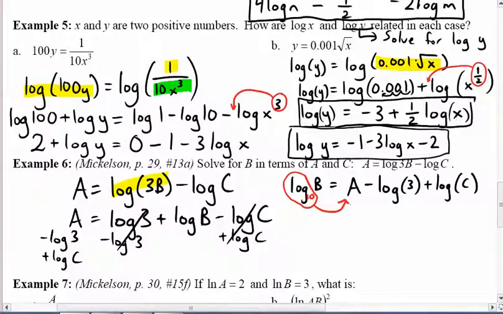So all you have to do is take the base, the 10, and everything else becomes an exponent. The log 3 and the log c. And there's b. Okay, so to move a logarithm from one side of an equation to the other, it becomes the base of an exponent on the other side, and it moves everything on the other side of the equation into an exponent.